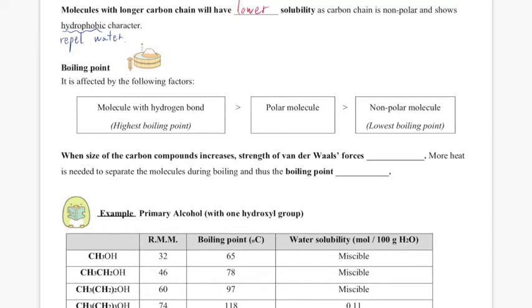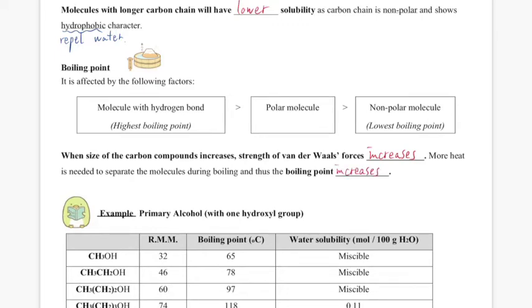After that, if it's a non-polar molecule, then we further need to compare the size. As the size of the carbon compound increases, the strength of the van der Waals forces also increases. And due to the stronger intermolecular forces, more heat is needed to separate the molecules during boiling, and thus the boiling point increases.